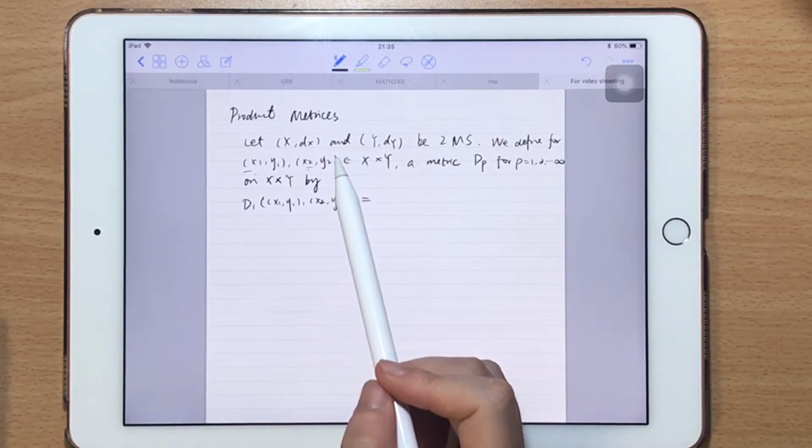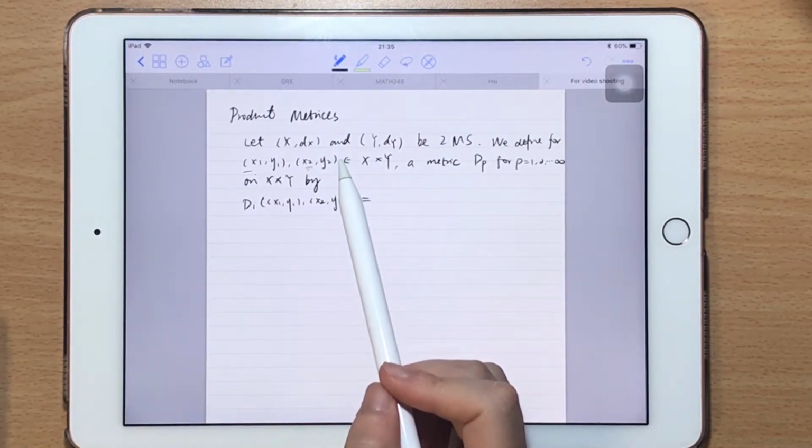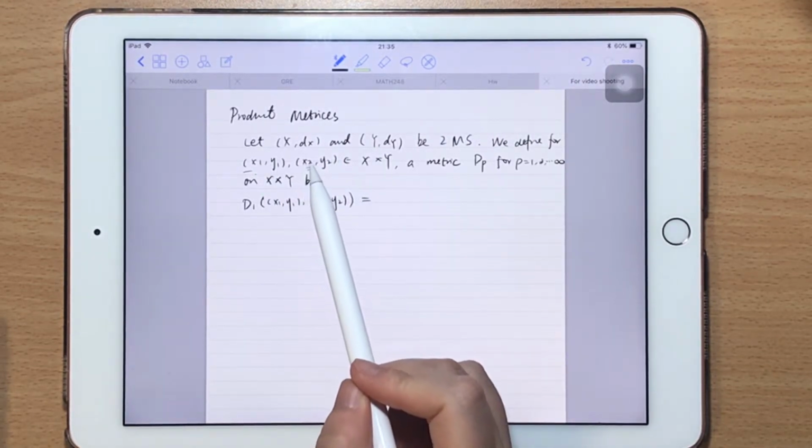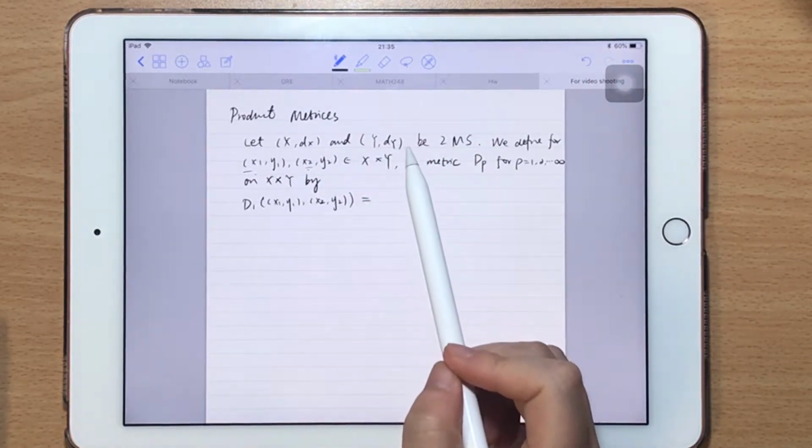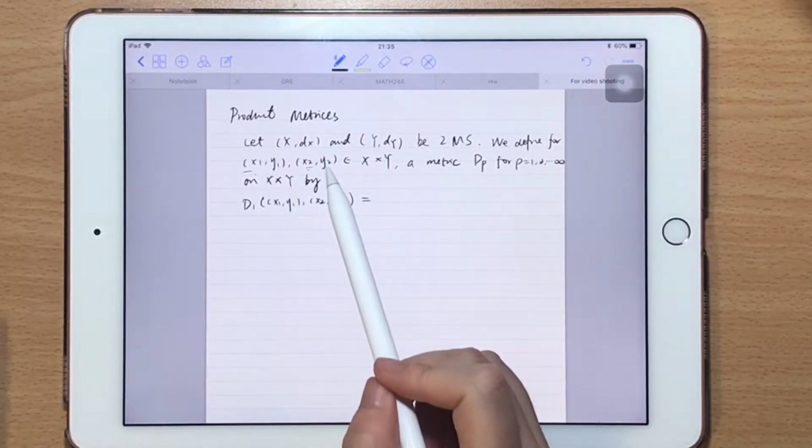So with dx you can calculate the distance between x1 and x2, and with dy you can calculate the distance between y1 and y2.